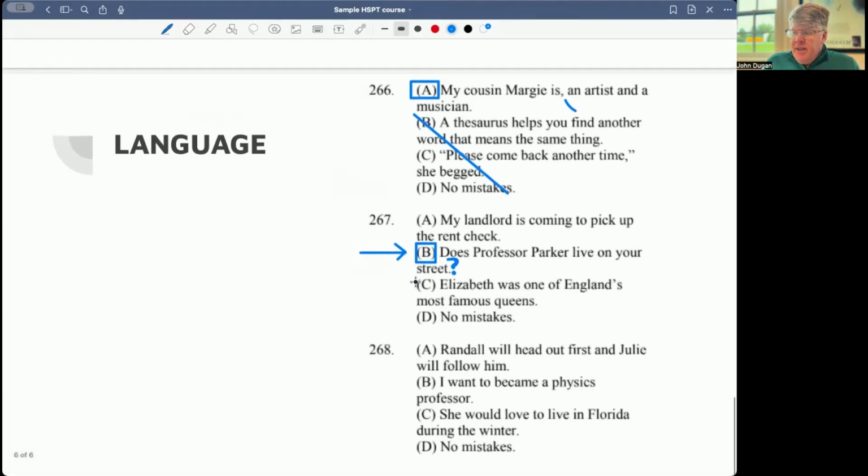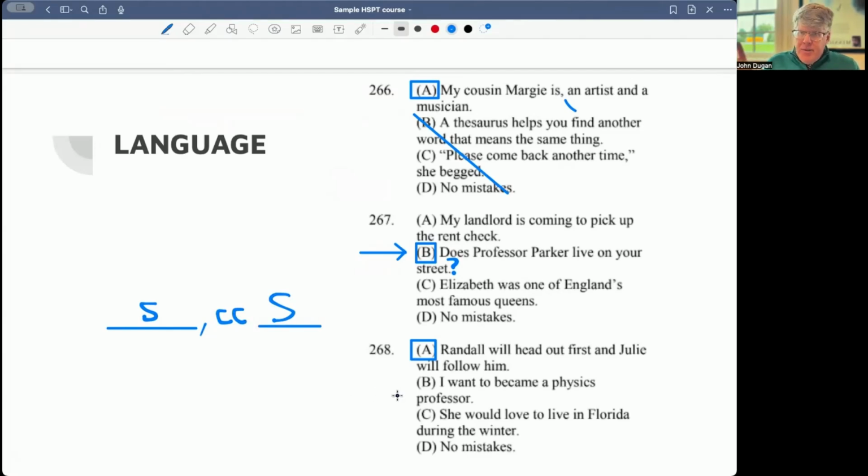And finally in 268, Randall will head out. This is kind of a concept, like the answer is going to be A. This is a grammatical concept that you need to know, what's called the compound sentence. If you have a complete thought, you need a comma, a coordinating conjunction, and another complete thought. So if you have two complete thoughts, you need a comma.